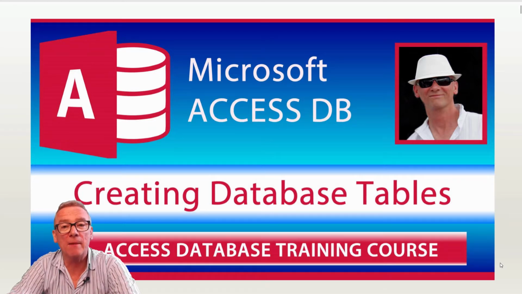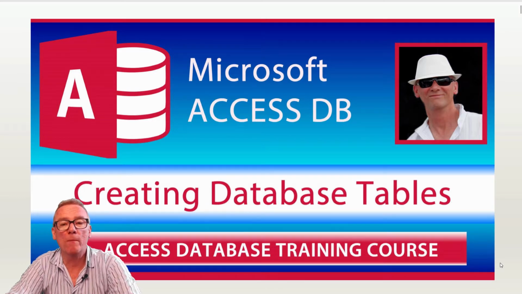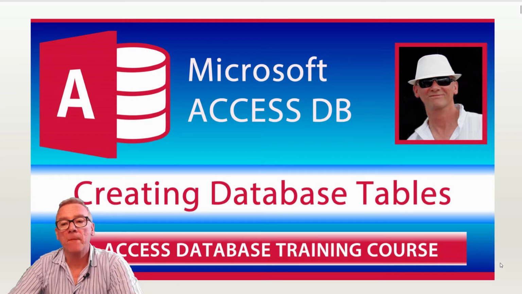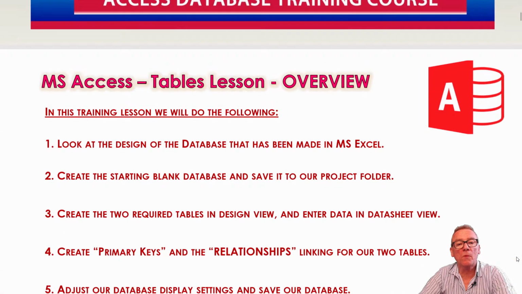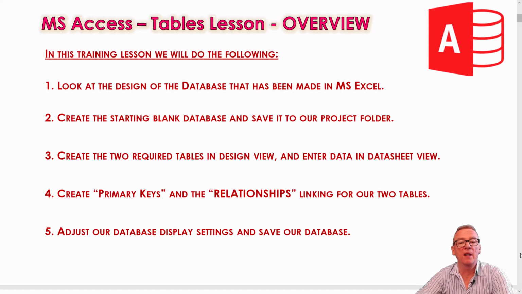We're going to create the database and the tables required for the system solution we are building for Passy's Bargain Barn, the retail business, which was outlined in the previous lesson. In this lesson we'll look at the design of the database, which we made already, and create a blank start database we can work from to build our tables.